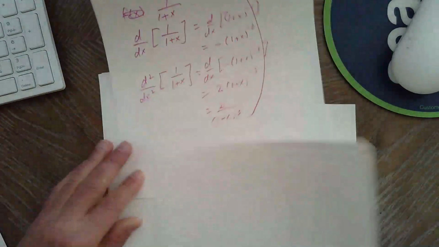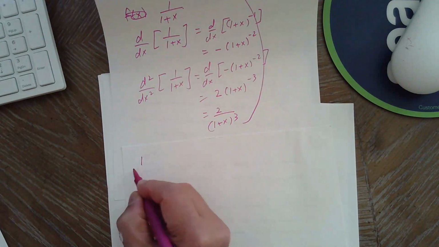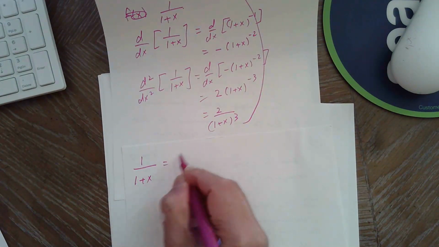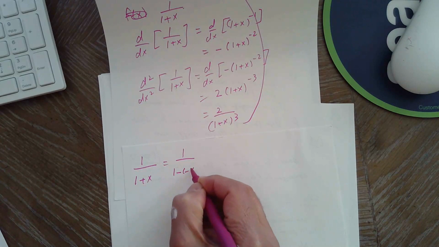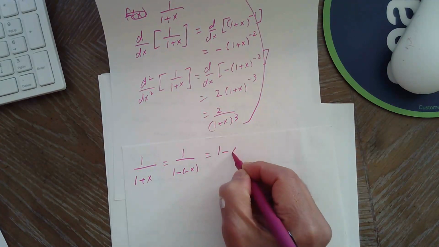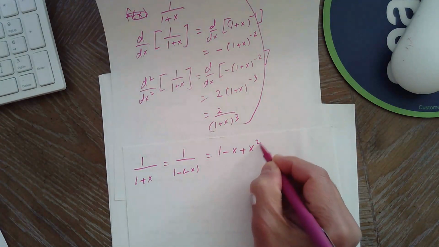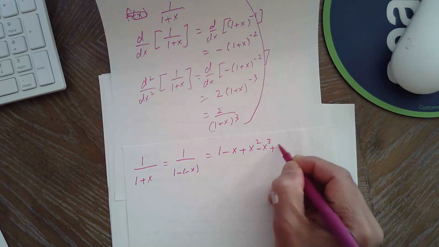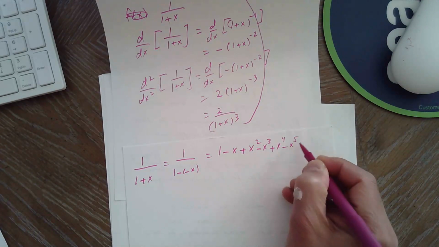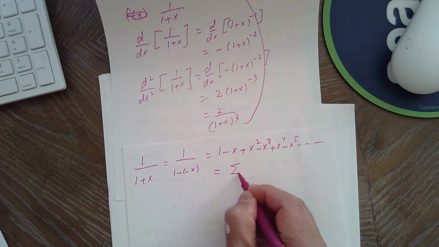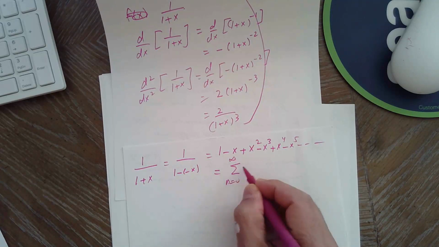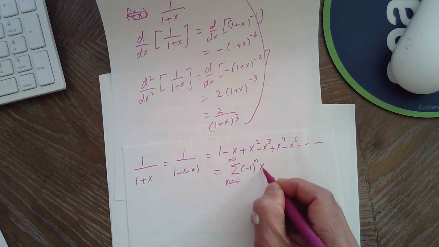So let's do that. Let's start with 1 over 1 plus x, which is 1 over 1 minus negative x, which is 1 minus x plus x squared minus x cubed plus x to the 4 minus x to the 5, which equals the sum from n equals 0 to infinity of negative 1 to the n x to the n.